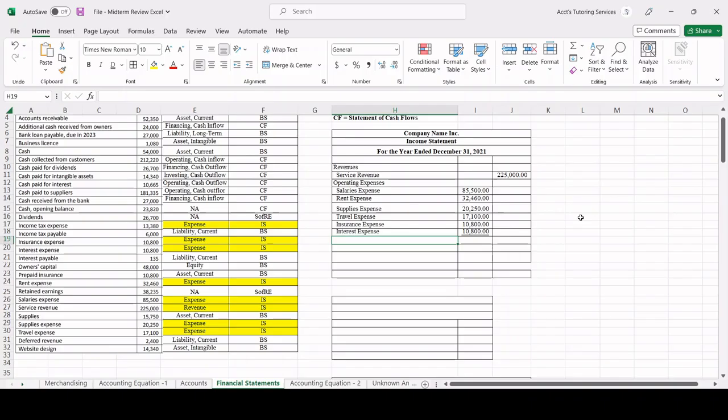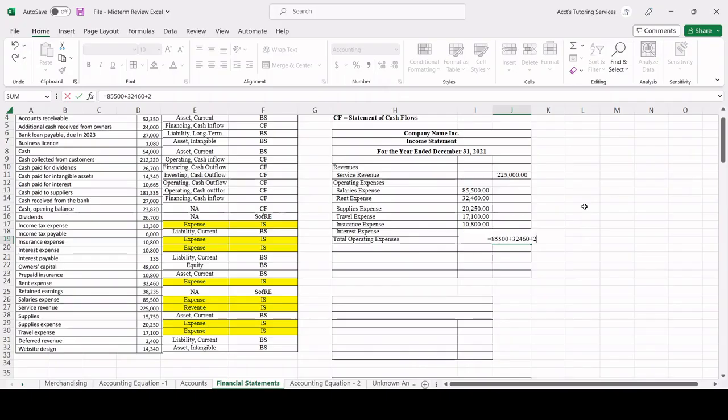All right, next we're going to calculate our total operating expenses, and this is going to be 85,500 plus 32,460 plus 2,250 plus 17,100 plus 10,800 plus 10,800. So that's 176,910. Once again, we're going to add all these together. Then this minus this is simply going to give us profit before income tax.